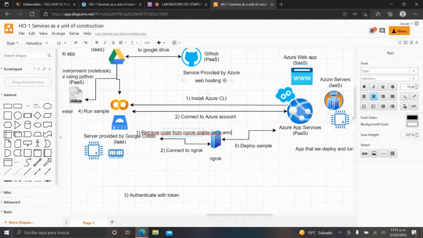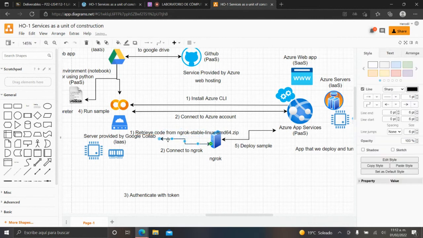Okay. And it's just a one-headed arrow from ngrok towards your server. Well, in fact, it's first to Google Drive and then, well, let's put it like that.